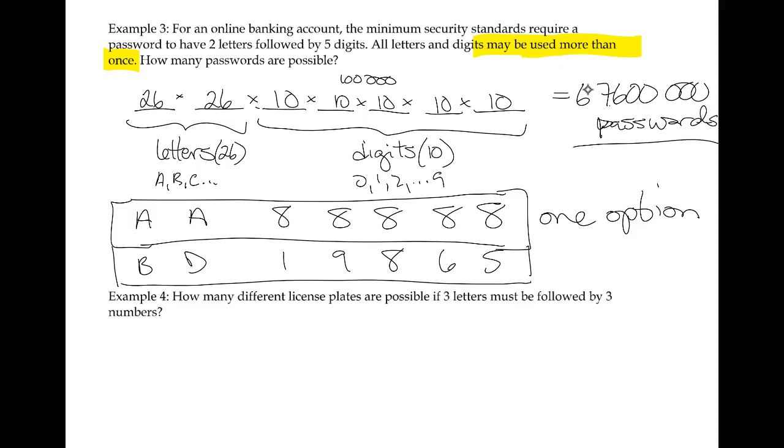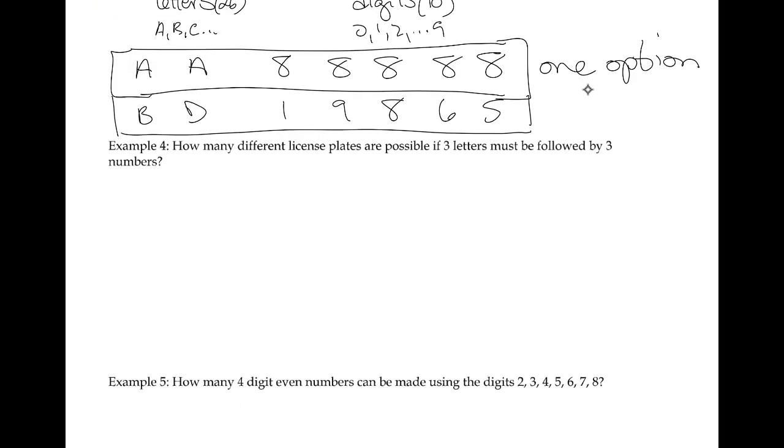Which means that hypothetically, everyone in almost the whole world could have a different password. So that's how the fundamental counting principle works. So the key thing to note is that setting up places for different choices is a helpful way of laying it out.